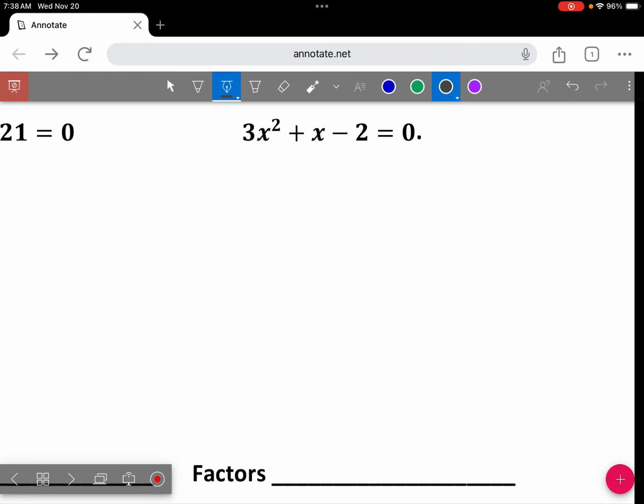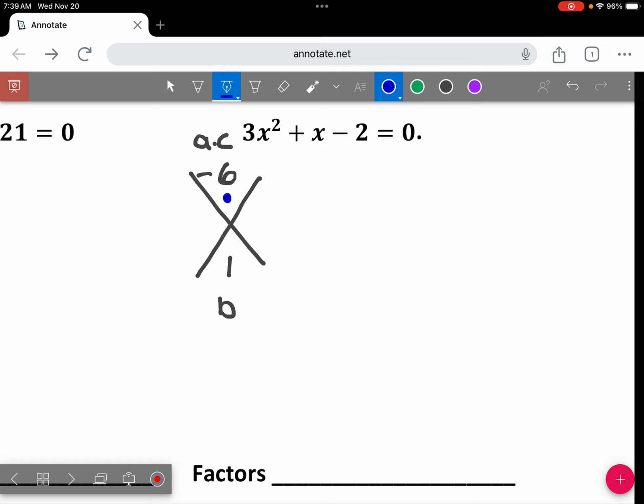That's part of our factoring. A times C at the top. So what do we get at the top? -6. My 3 times my -2. B goes on the bottom, which is +1.